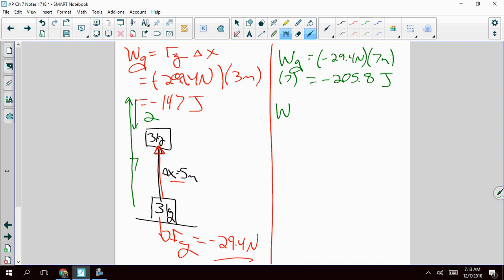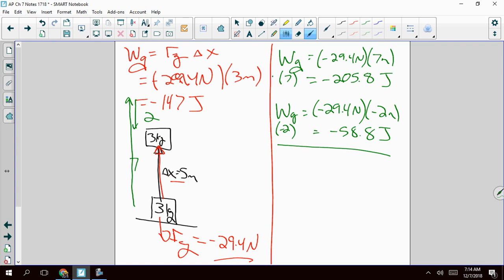And then the work done by gravity in coming down the 2 is going to be, while it's coming down the 2 meters, negative 29.4 newtons is how much force gravity is exerting, times negative 2 meters gives you negative 58.8 joules. And so the total work done between the trip up and the trip down is the sum of those, and it gives you negative 147 joules.